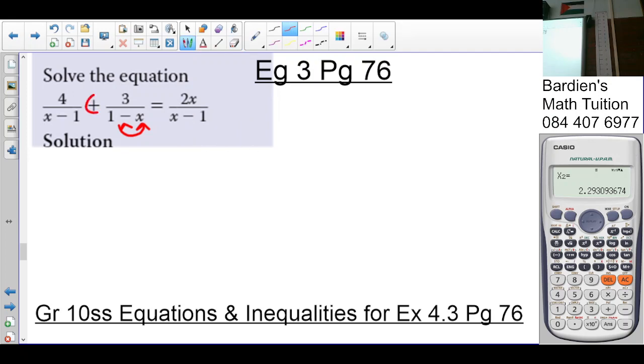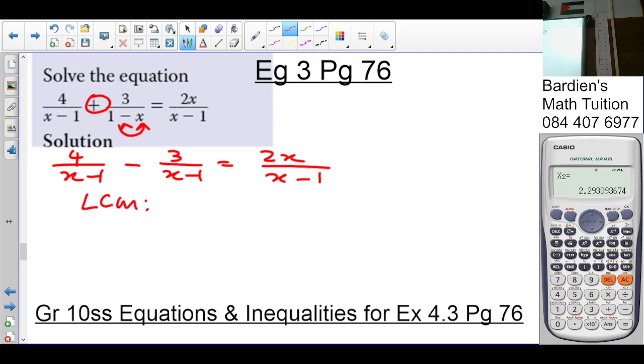Is it going to change the sign here? Yes. It's 4 over x minus 1 minus 3 over x minus 1 is equal to 2x over x minus 1. You see that? What's my LCM? x minus 1. As you can see, it's accounting for all of those denominators. What's my restriction? x can never be equal to 1. Why? The sum will be undefined.